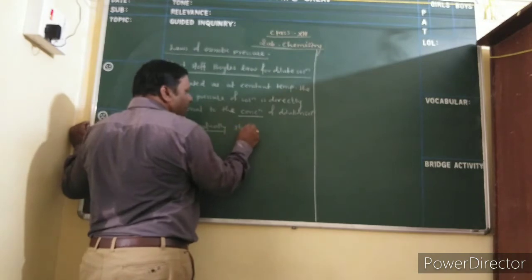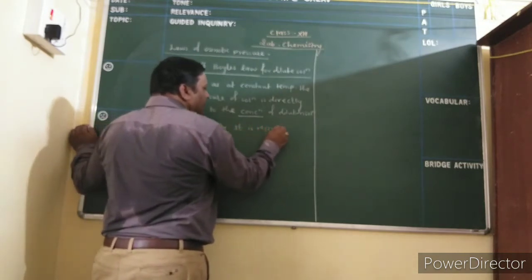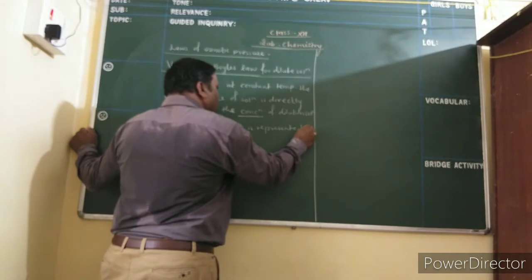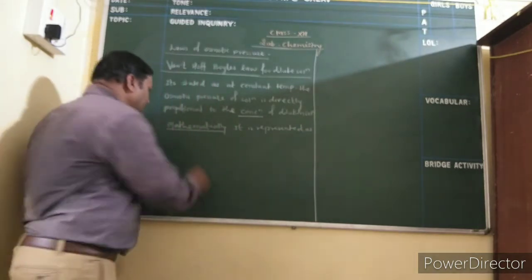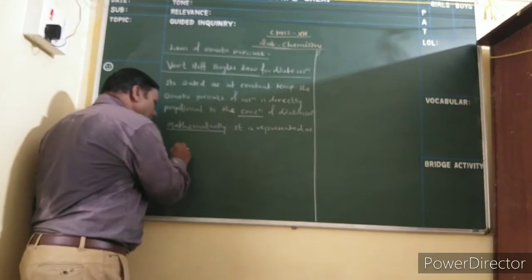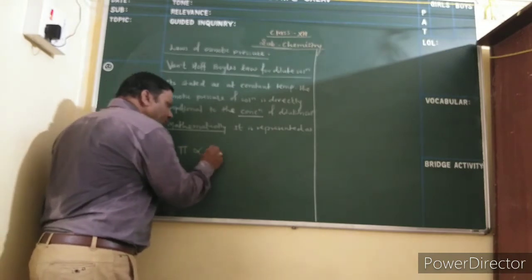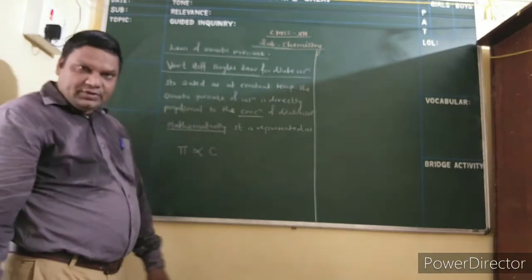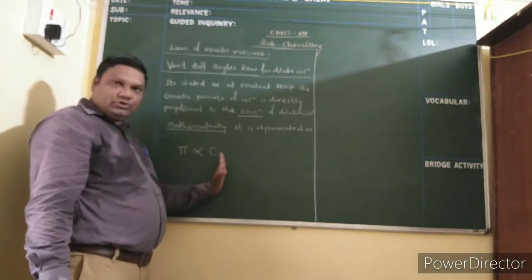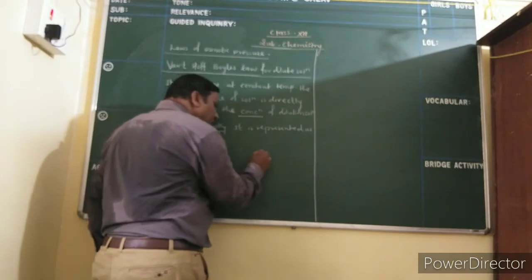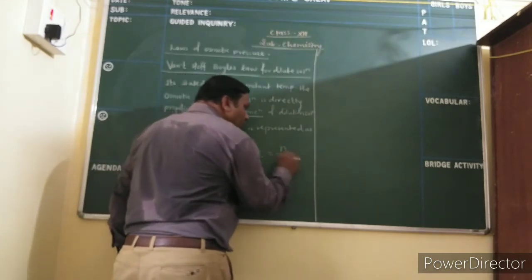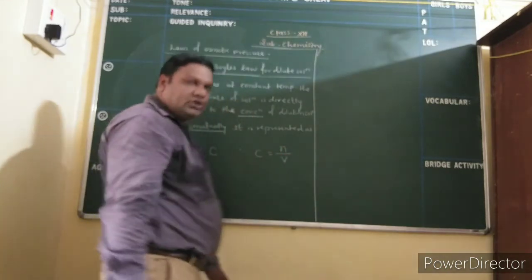Now, mathematically it is represented as: pi, the osmotic pressure, is directly proportional to C. C is equal to n upon V. How do we write concentration?